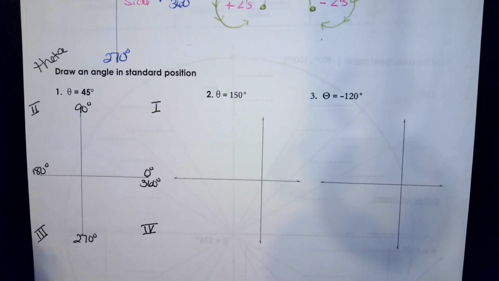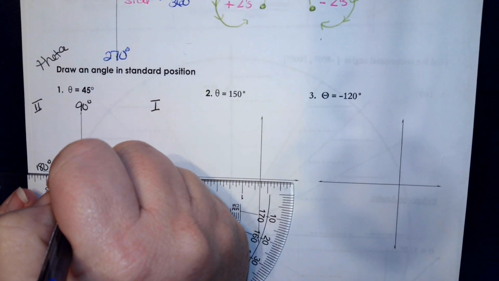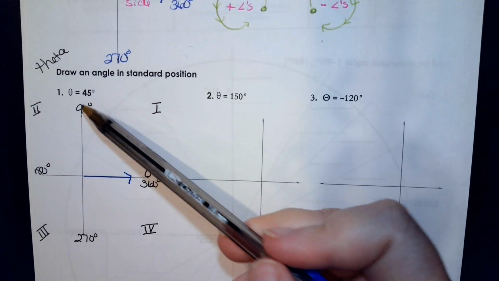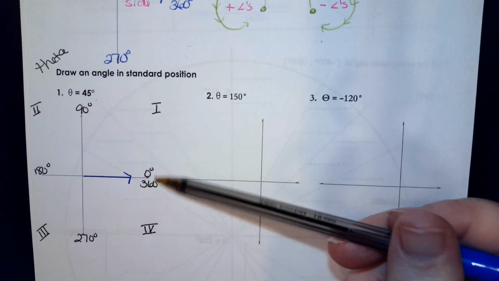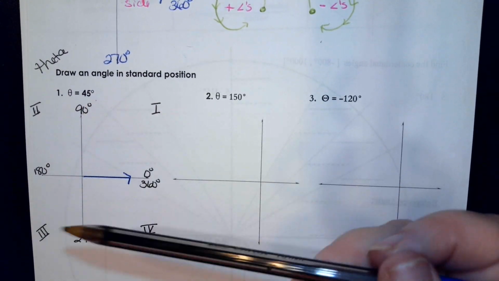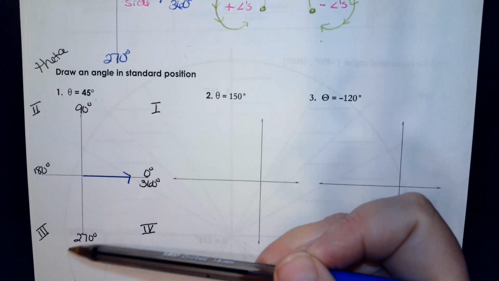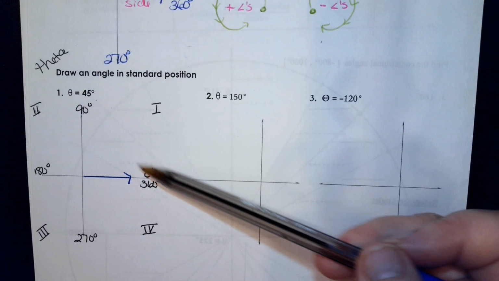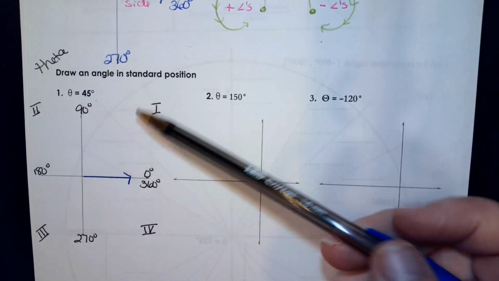Now, we know that the angle is going to start at 0 degrees. So where does 45 fall? Is it between 0 and 90, 90 and 180, 180 and 270, or 270 and 360? Obviously 45 is between 0 and 90, so it would fall in quadrant 1.